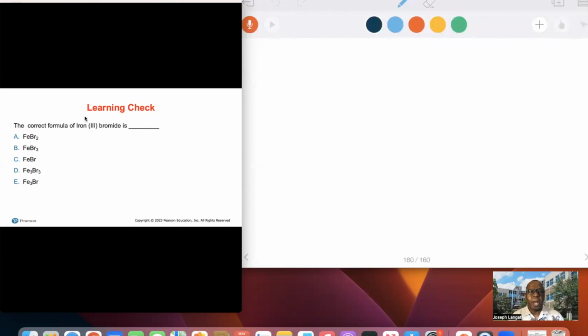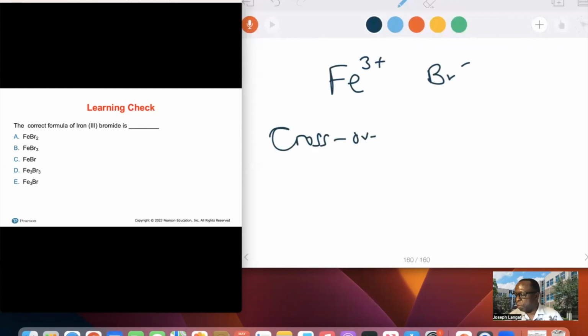I will look at the cation iron 3, and bromide is negative 1. Use the crossover rule. The crossover rule indicates that it will be FeBr3.